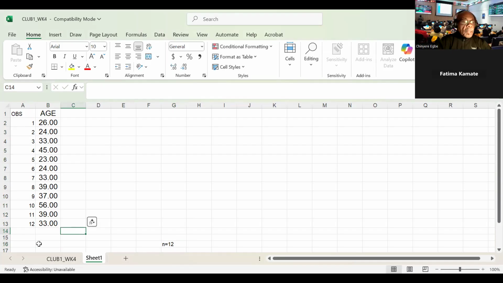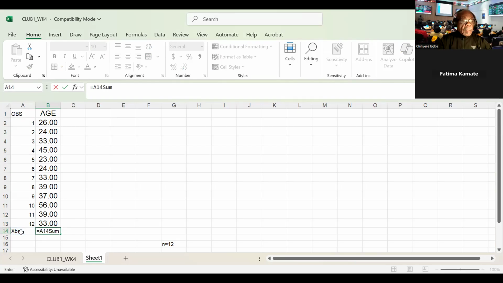All right, so the mean, therefore, x bar, which we calculated, is equal to the sum of values. Let us do it systematically. The sum of values is equal to sum, and you can just pull this down.